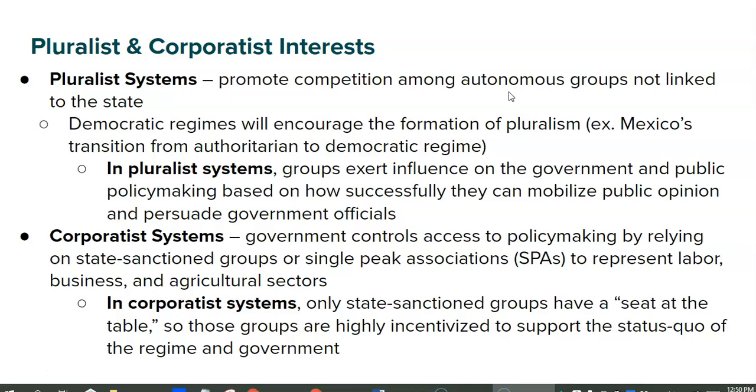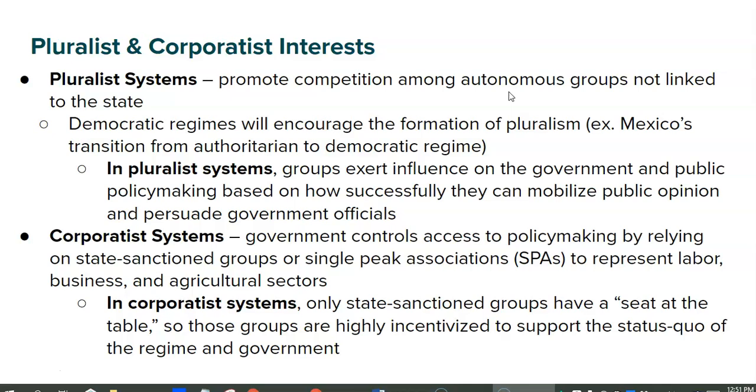In corporatist systems, the government controls the access to policy making, and there are just single groups or associations that represent groups that are allowed to have a voice. So when you look at, say, Nigeria, that kind of wants that pluralist system, they have prebendalism, which is their form of voices in government, through corruption and a patronage system where, I scratch your back, you scratch mine.